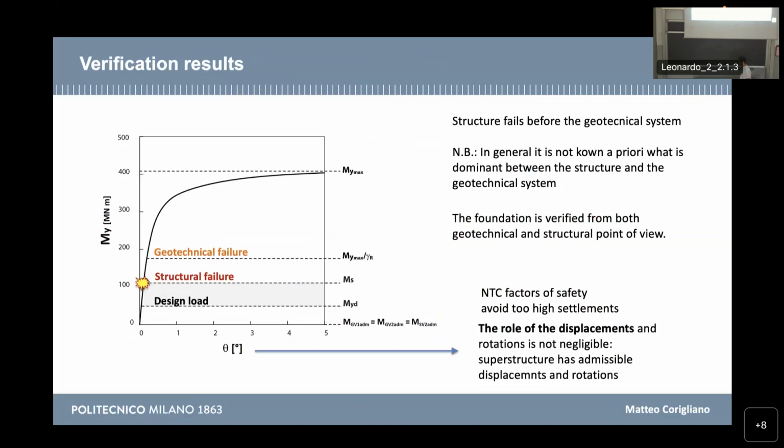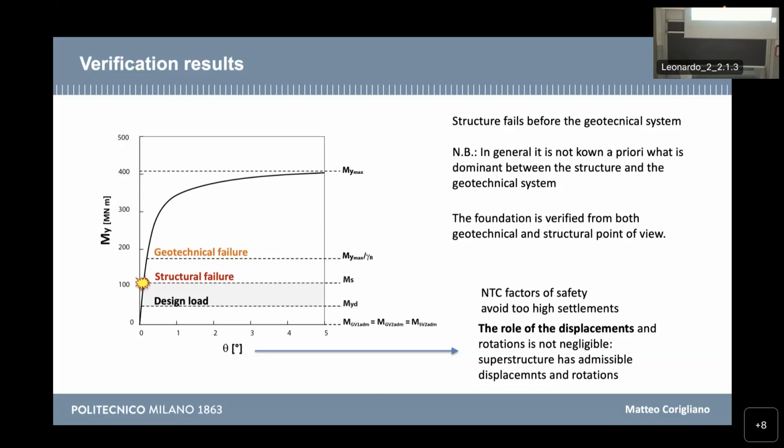And what we can conclude from the improved verification with numerical analysis is that the level of load associated with the geotechnical failure and the structural failure of the foundation is higher than the design load. So what we learned from this analysis is that now the foundation is verified from both structural and geotechnical points of view, and so the retrofitting is not necessary.